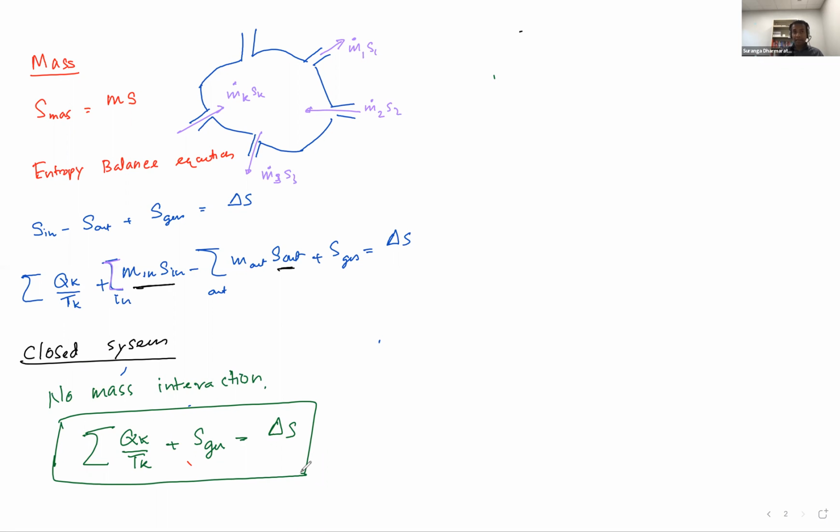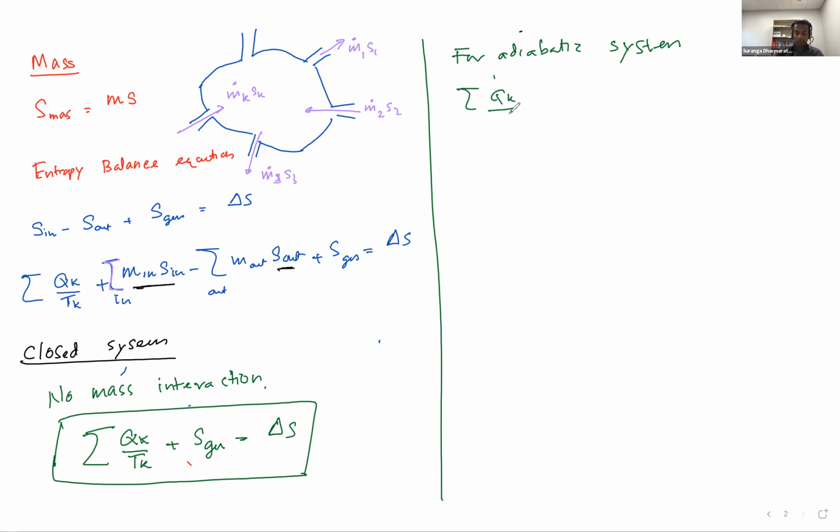And if the system is adiabatic, then this term is gone, right? For an adiabatic system, we have sigma Qk over Tk equal to 0 because there's no heat transfer.